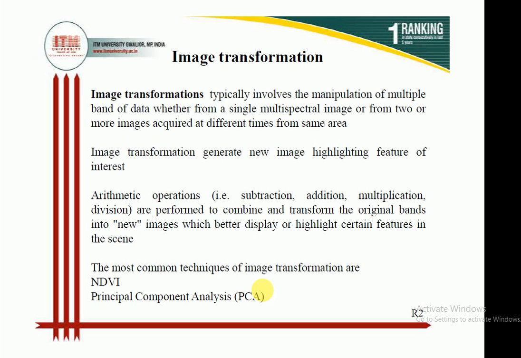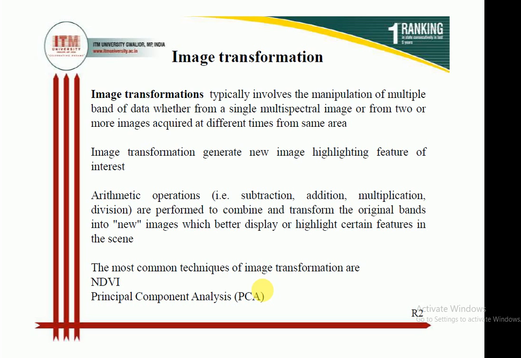Now, image transformation. All the information which is present in an image obtained through satellites or an analog image is not needed. Means there are certain specific things which are needed for prediction of any result or for decision of certain problem. And the image transformation basically performs that task.